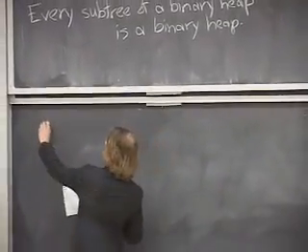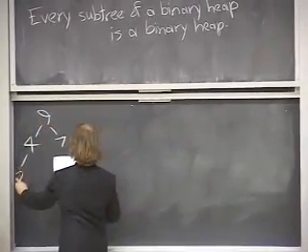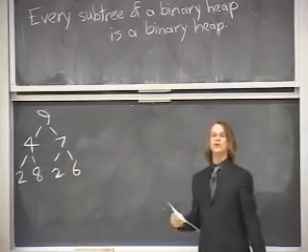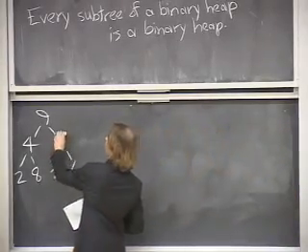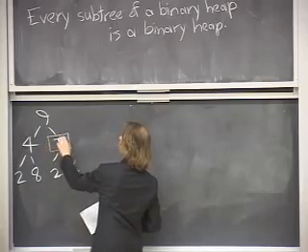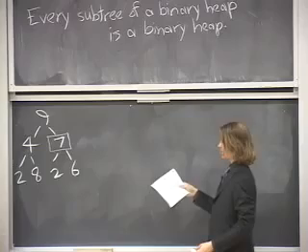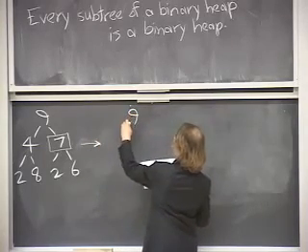So here's an example. I've thrown a bunch of numbers into an array, or into a complete tree. This is the last internal node in the level numbering, since this one is a leaf. And so I'm going to take that 7 and bubble it down. And now I get this.